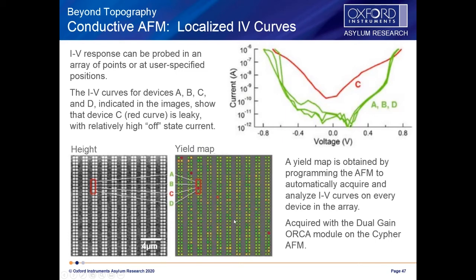The ones that show a short are characterized as red, and the ones that have an open are characterized as yellow. So by doing IV measurement, you are able to get a yield map of many transistors on an IC. And this measurement is super useful for people studying semiconductor devices, and it's also frequently used in the industry.